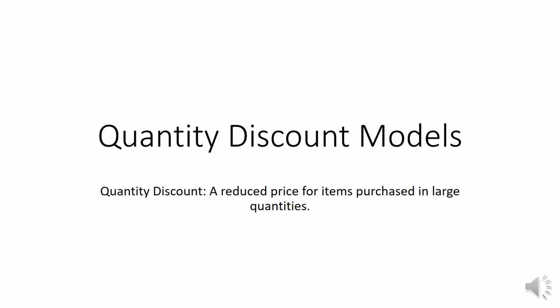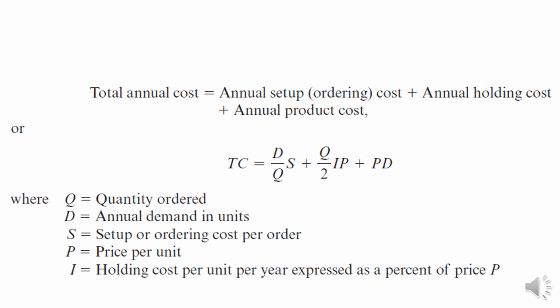So when we talk about the total cost to decide, it includes the product cost as well, along with the holding cost and the ordering cost. Let's move ahead. You see, this total cost formula is the total annual cost.